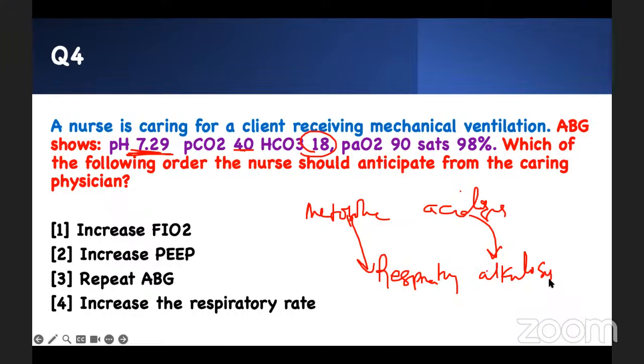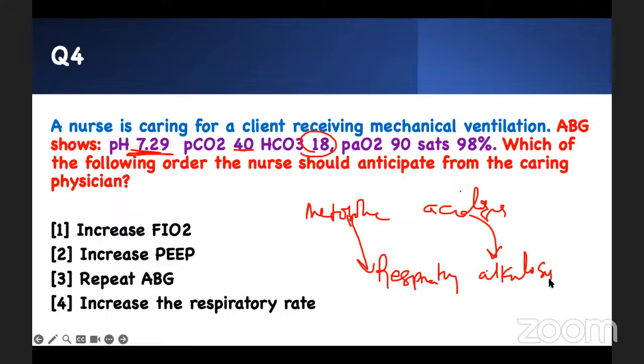Unless it's completely, fully compensated, yeah. The word compensation, if nobody has explained it to you, is the individual trying to correct the problem. So metabolic acidosis, you correct it with respiratory alkalosis. That is your compensation. The patient is intubated.